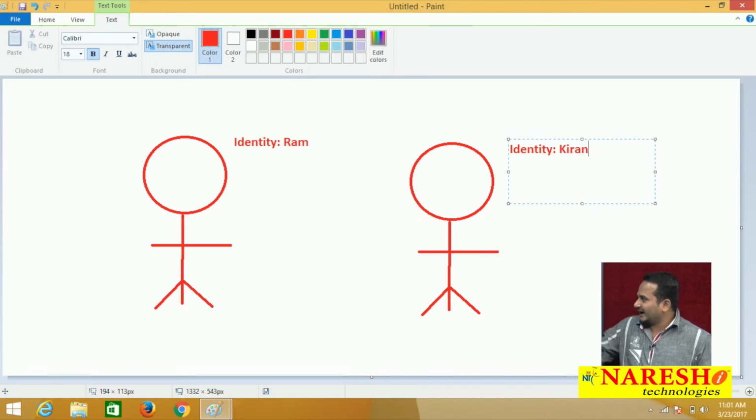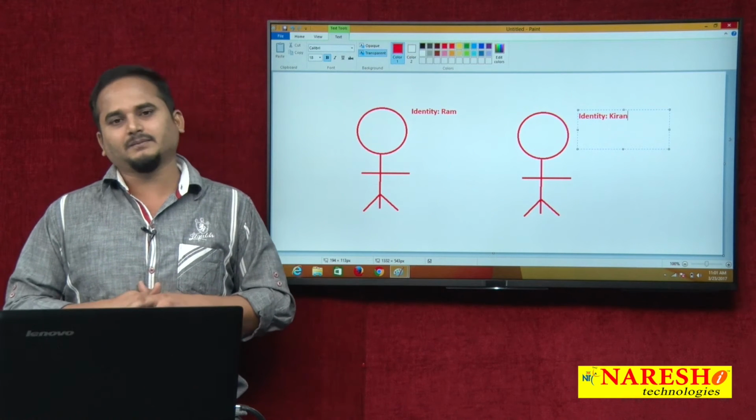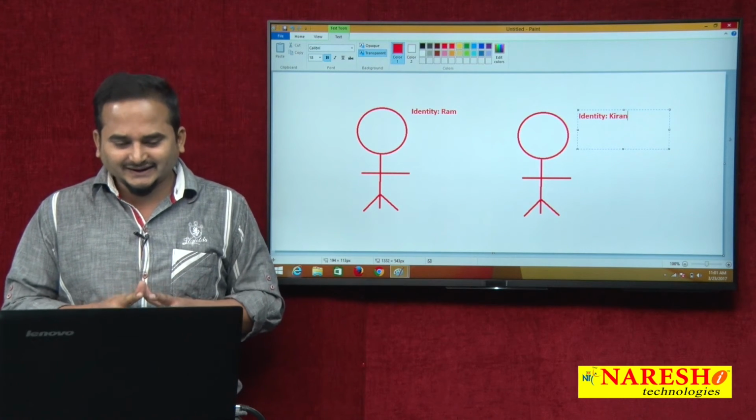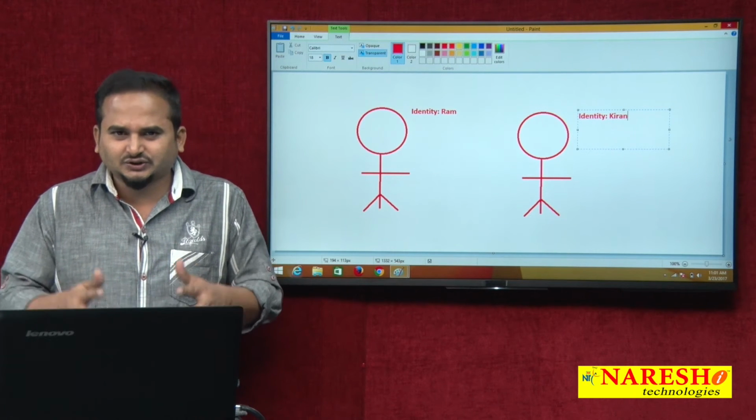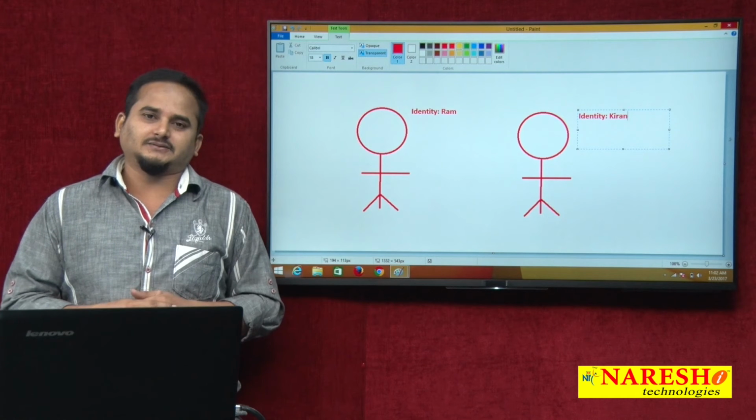One object has the identity name Ram, another object has the identity name Kiran. What is the meaning of identity here? If you want to differentiate one object from another object, we require a unique name, which we call identity. Identity is a name which is used to differentiate one object from another object.